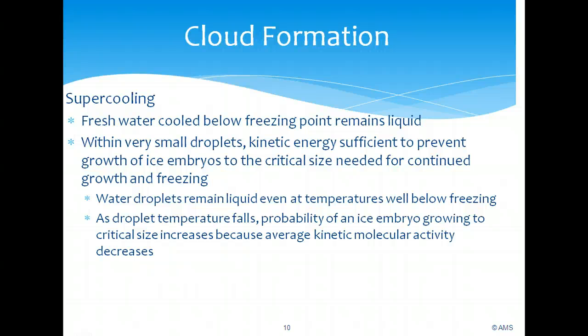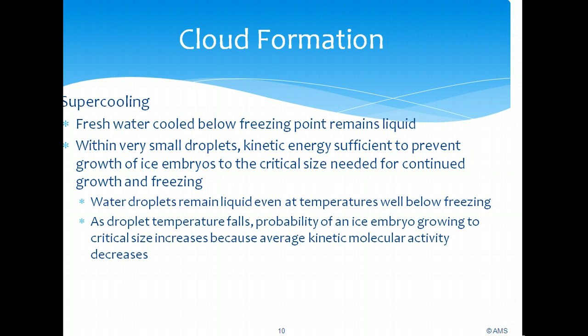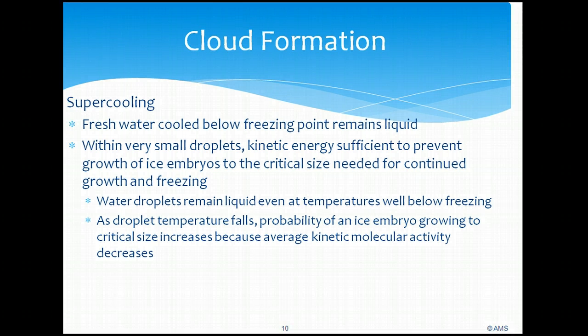Freezing of fresh water begins with the linking of water molecules to form tiny structures known as ice embryos. It seems that within the very small droplets composing clouds, kinetic molecular activity is sufficient to inhibit growth of these ice embryos to a critical size, so that water droplets remain liquid even at temperatures well below freezing.